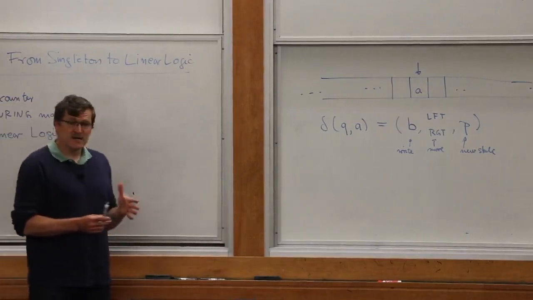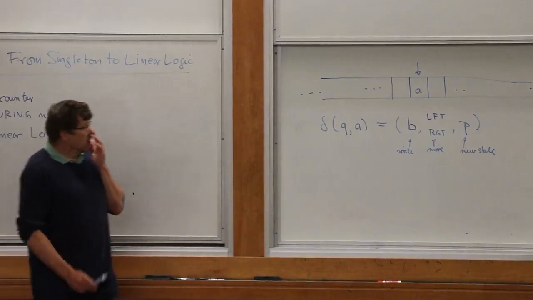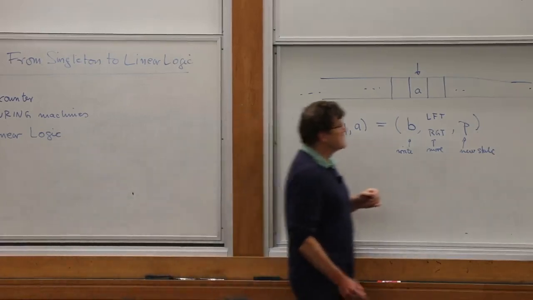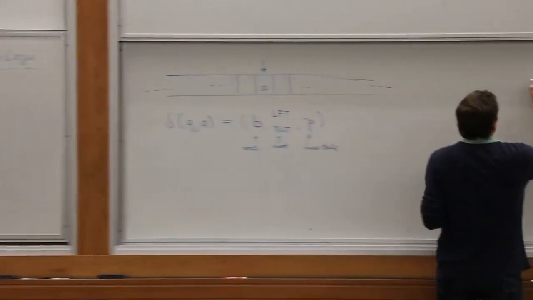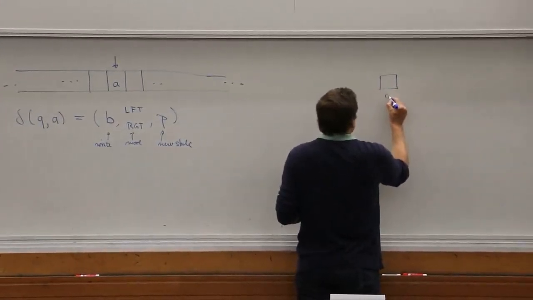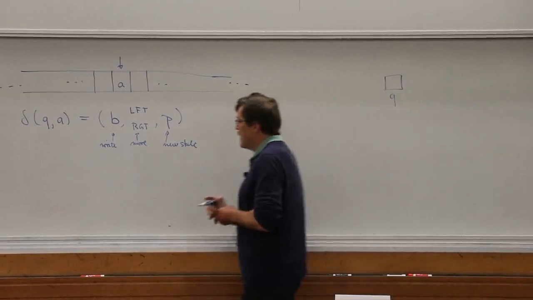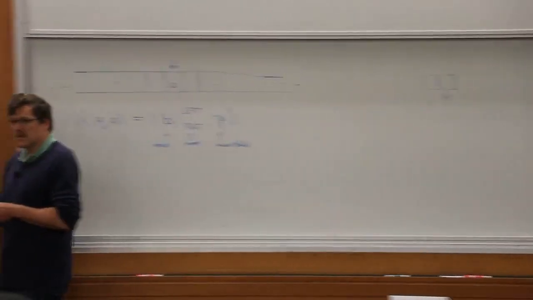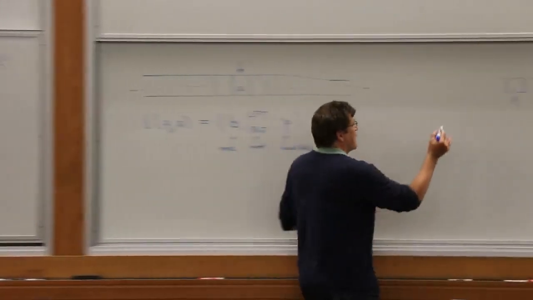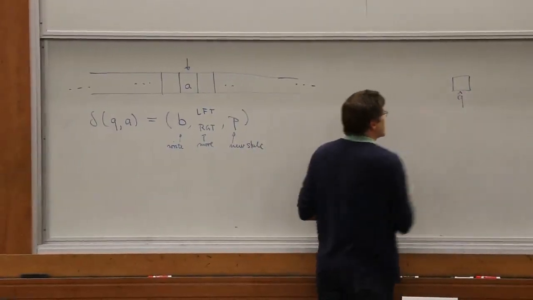All right, so now how do we represent this? What we want is that the current cell is executing some process Q. Every state is implemented as a process with the same name. Well, let me call it Q hat, because I'm going to have to work with this in a second.